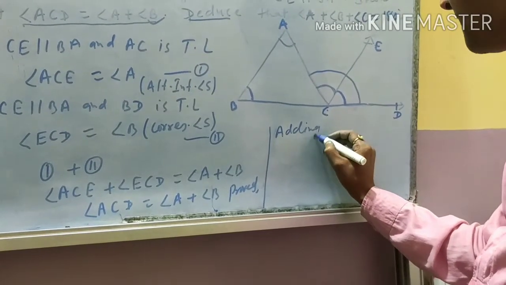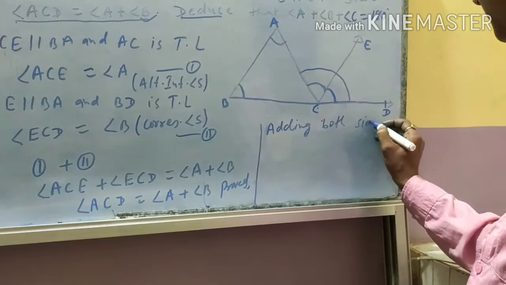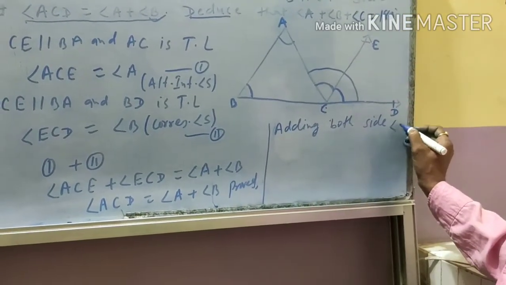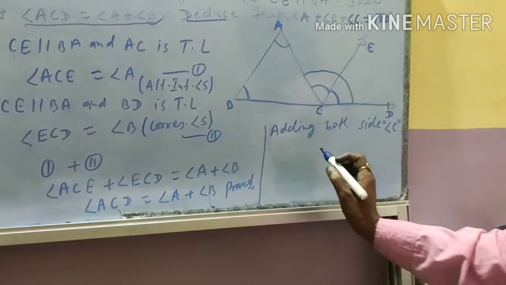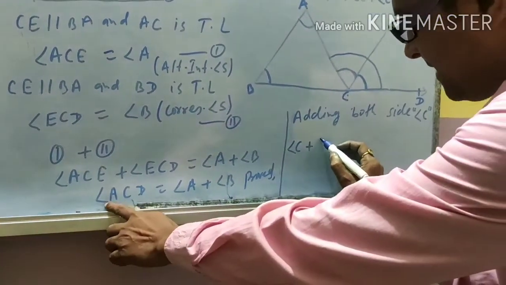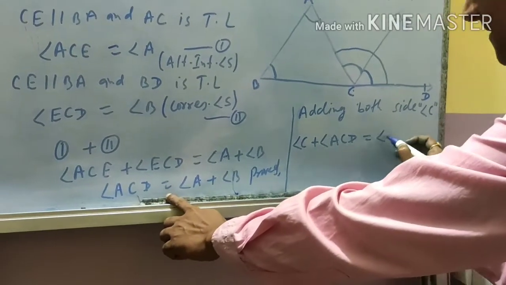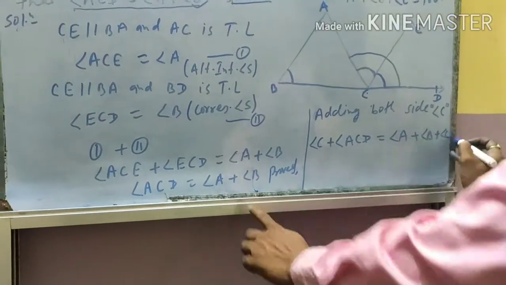So angle C plus angle ACD is equal to angle A plus angle B plus angle C.